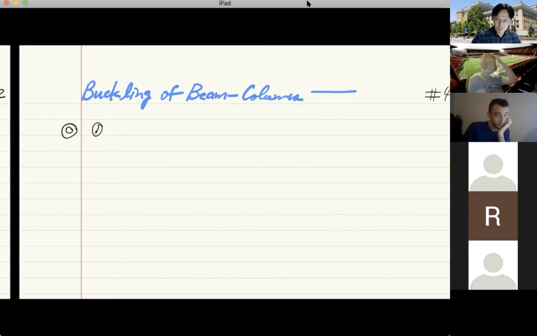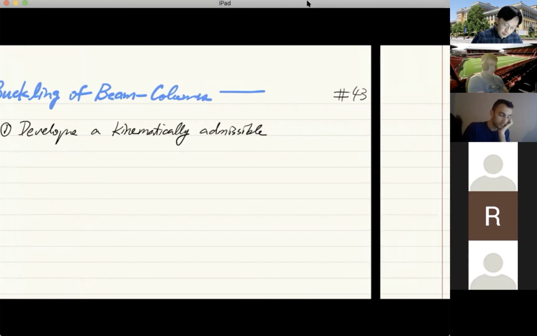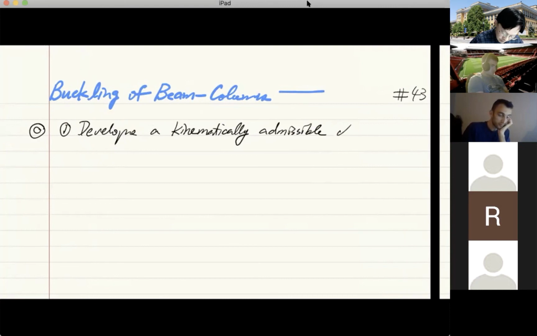You have to assume how the structure would deform after buckling. Of course, this deformation is really the buckling profile.